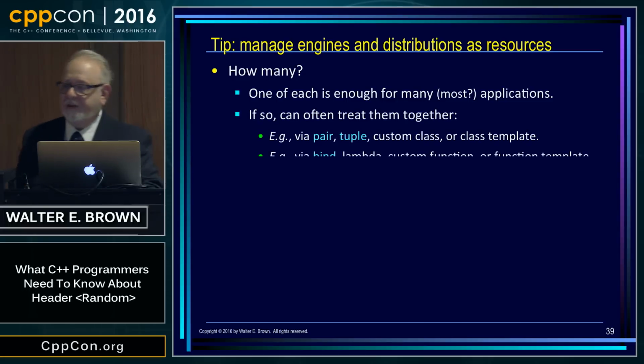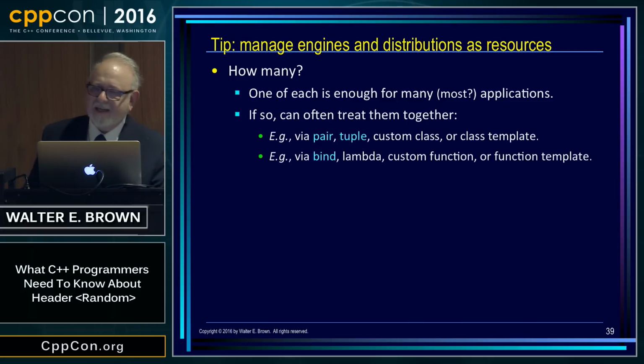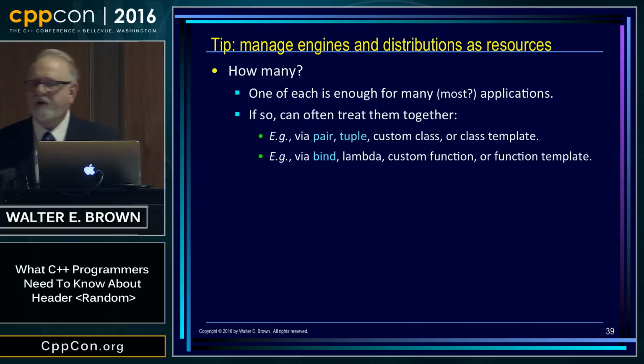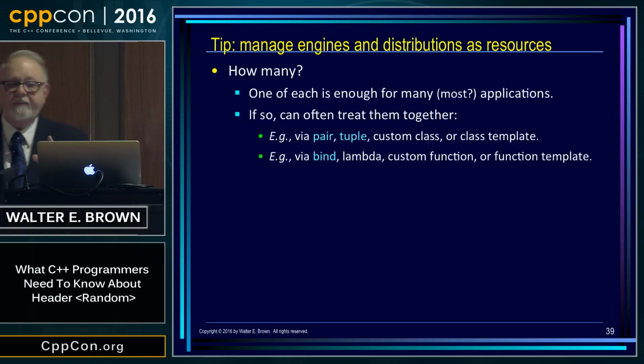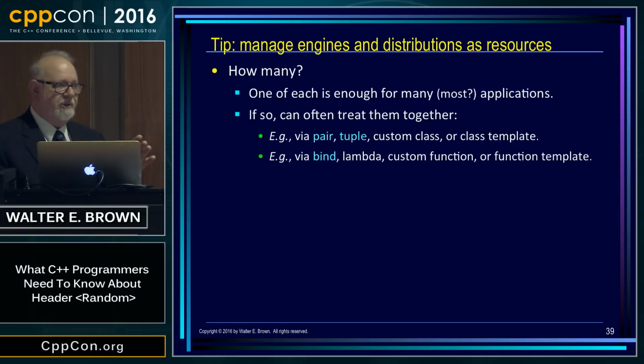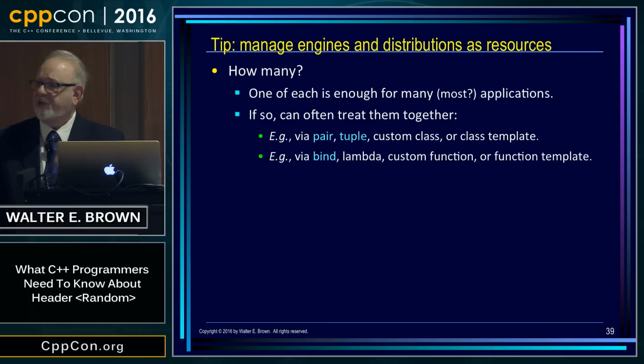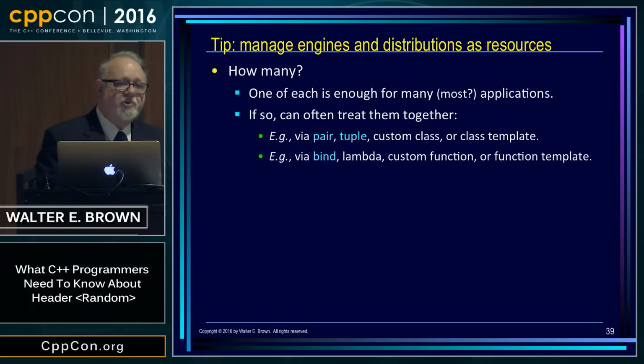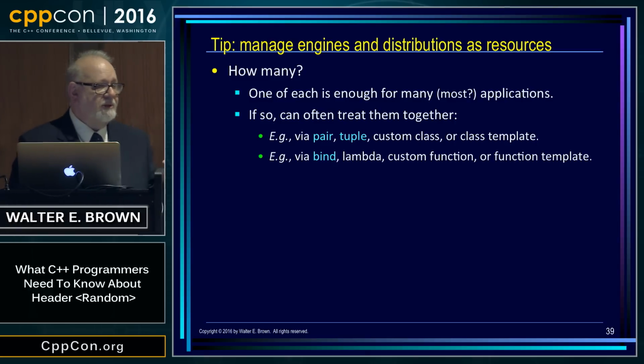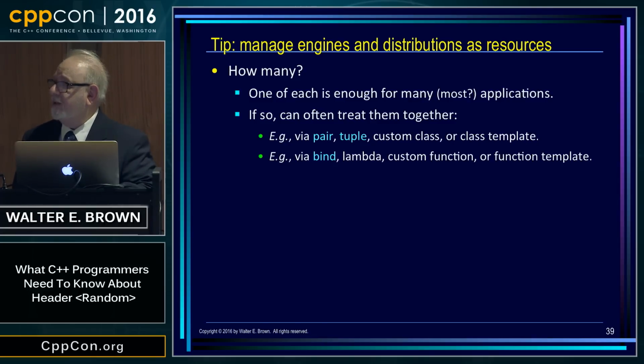So my suggestion, if you get any kind of complexity at all, start thinking about engines and distributions as resources. We know how to do resource management. We do memory management, we do file management, we do mutex management. We treat them all as resources. RAII, for example, is the way to go in many cases, right?